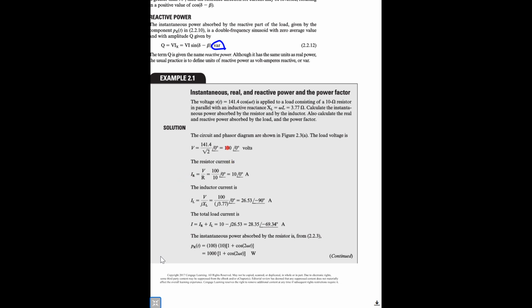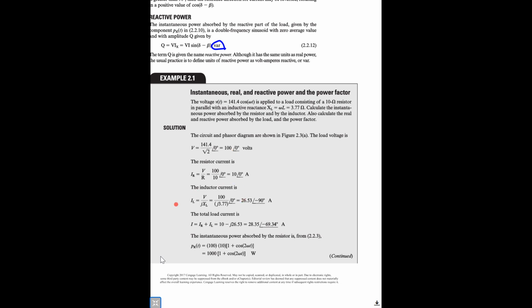The angle of the phasor of voltage is 0 and the RMS of voltage is 100. And the resistive current IR equal 100 divided by 10, R is 10 ohm, will be 10 with angle 0. Please see, here V delta is 0, and in IR, delta is 0 also.